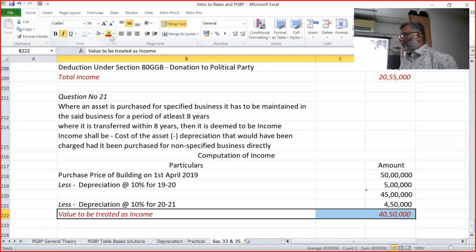In the third year, the non-specified business will claim the depreciation, that is for the financial year 21-22. Because it has been transferred to non-specified, in their P&L they would have claimed the depreciation.